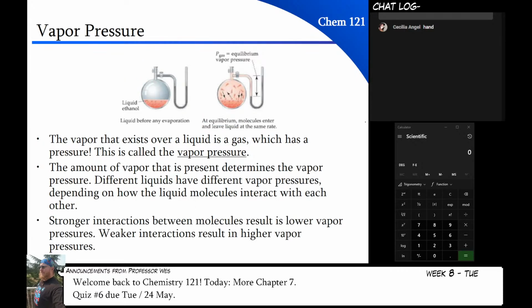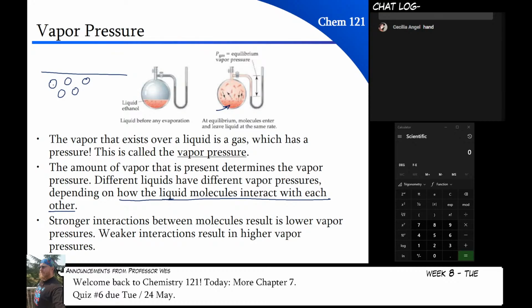Now, what determines whether something has a high vapor pressure or a low vapor pressure? That's going to depend on how our molecules in the solution, or in the liquid down here, interact with each other. I should underline the how there. So, for example, let's suppose that I have a bunch of molecules in my liquid right here. So this is my liquid.